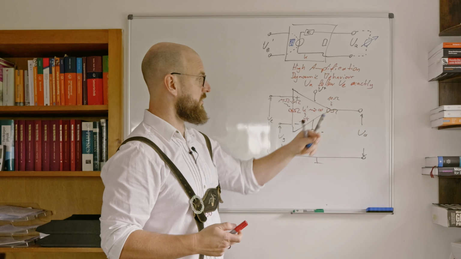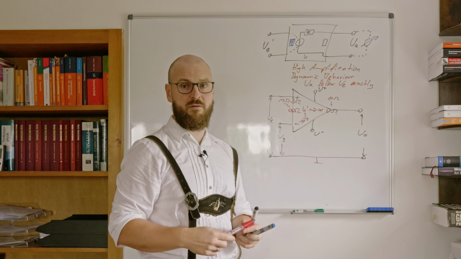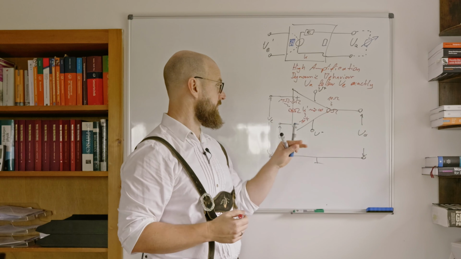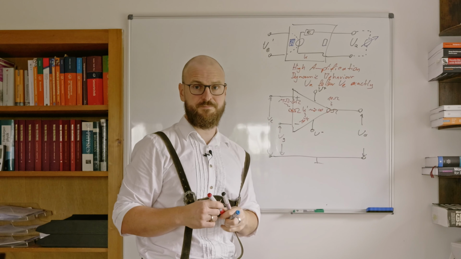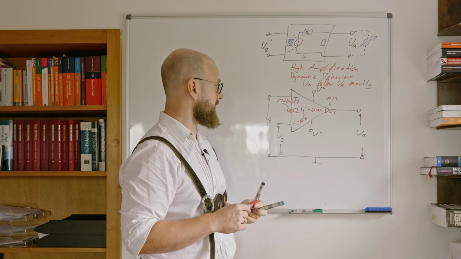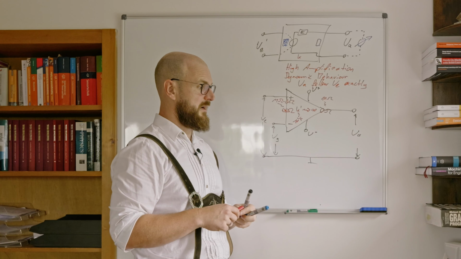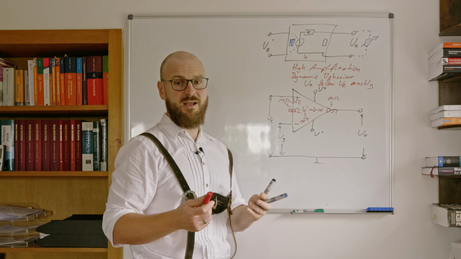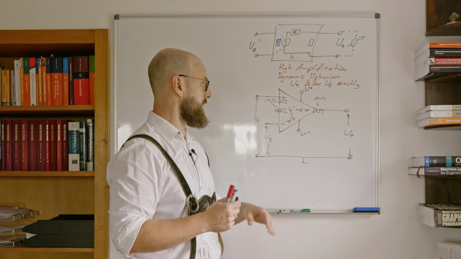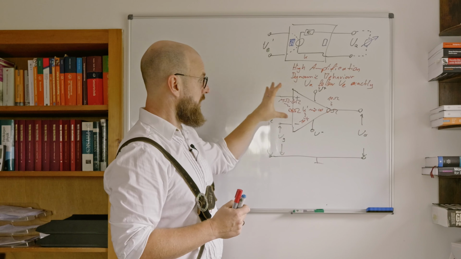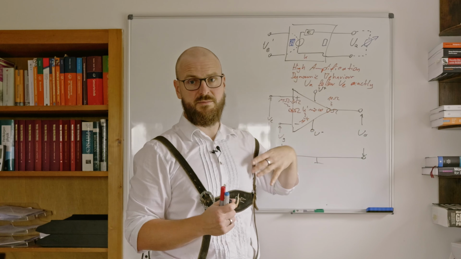Moreover, that output voltage also depends on the frequency and on the form of the alternating currents coming in here at the plus and the minus plugs. So that's some different behavior for the real operational amplifiers. Again, for the ideal operational amplifier, as long as there is 0 at the input difference, 0 comes out.